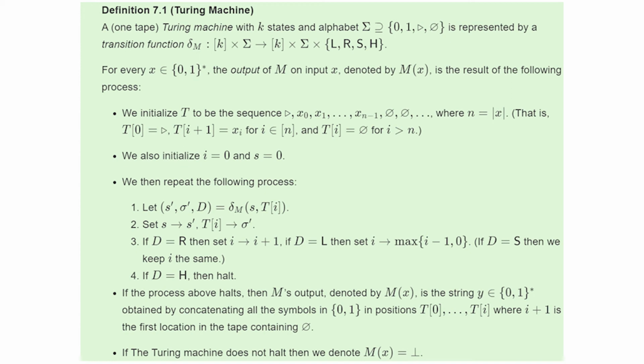Now from here, once we have halted, this is where the different versions of our Turing machine computing model start to diverge. Once we halt, we have different rules for how we might actually give output from the machine. In the example that we saw with majority, the way we decided the output was based on the state we were in once we halted.